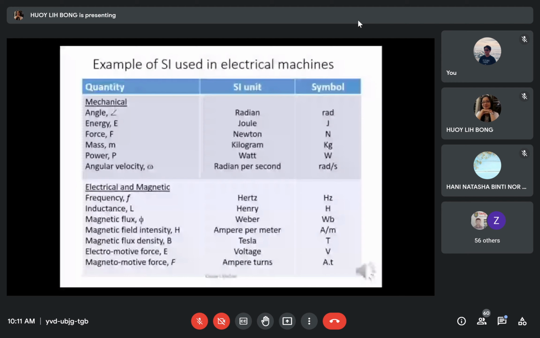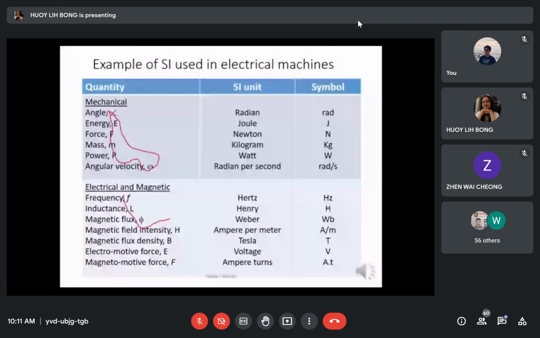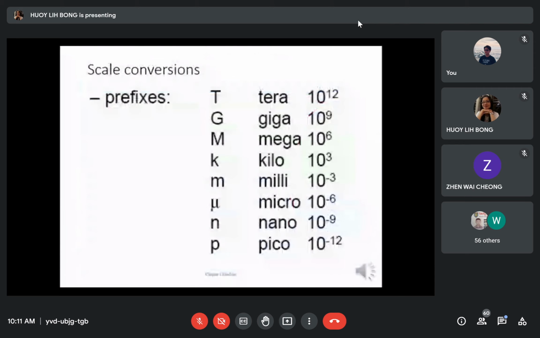The symbol of each quantity can be seen written on the left hand side for mechanical and for electrical and magnetic, while on the right hand side of the table, we have the symbol of each SI unit. For the scale conversions in SI units, we usually use the following prefixes.